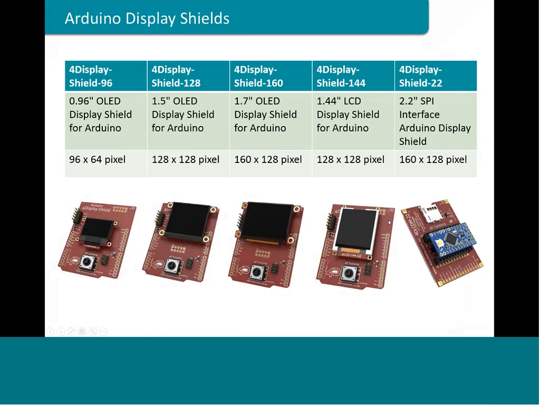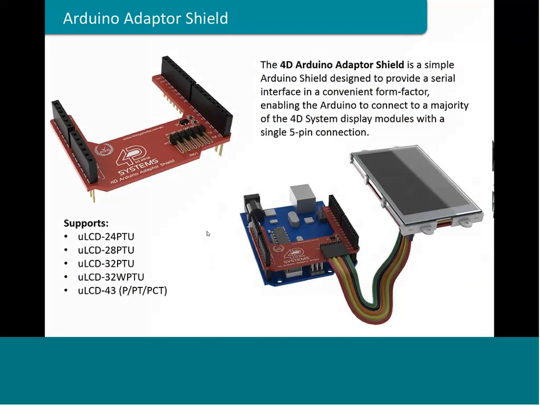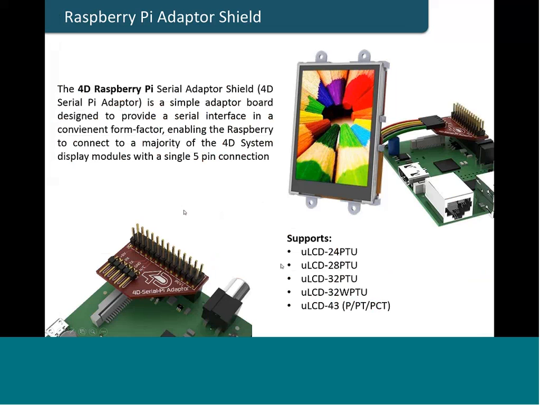We provide all the libraries and so forth to make it really easy to develop with the Arduino. We also have an adapter shield for the larger display modules, so you can very easily connect a large display module to an Arduino as well. And we have the same thing for Raspberry Pi. You can connect our larger and smaller display modules to a Raspberry Pi very easily with this adapter, and we have all the libraries available online.